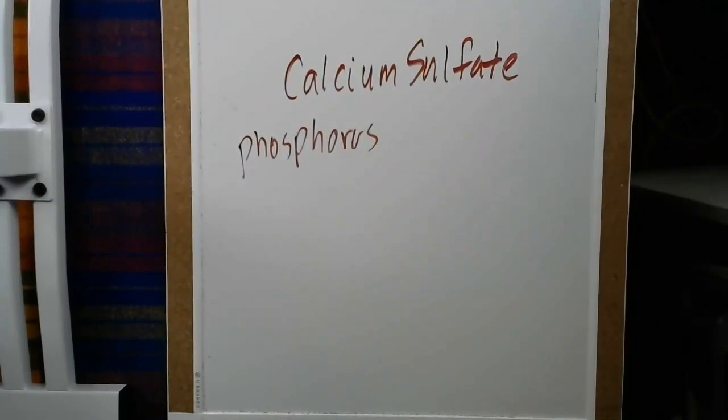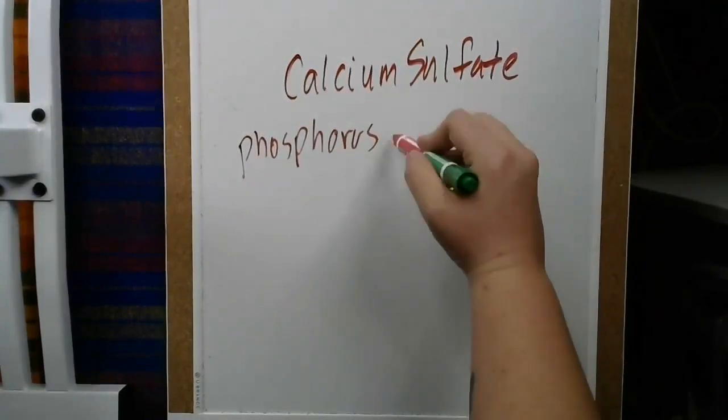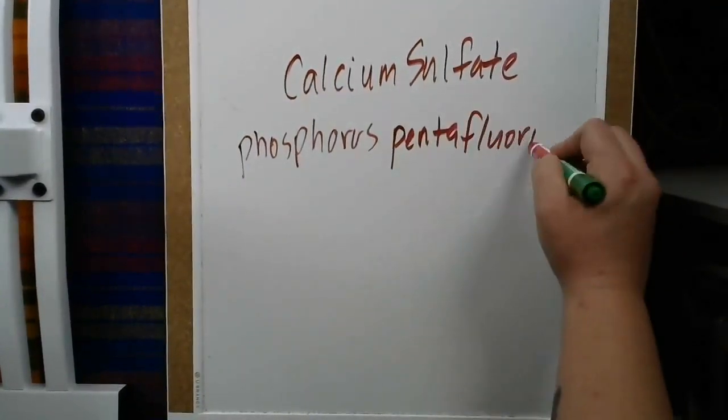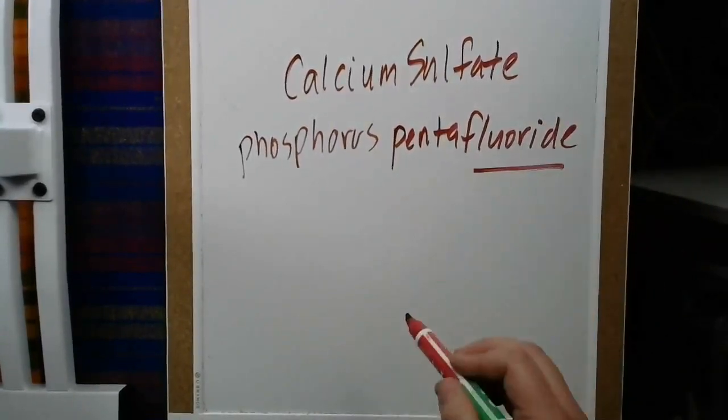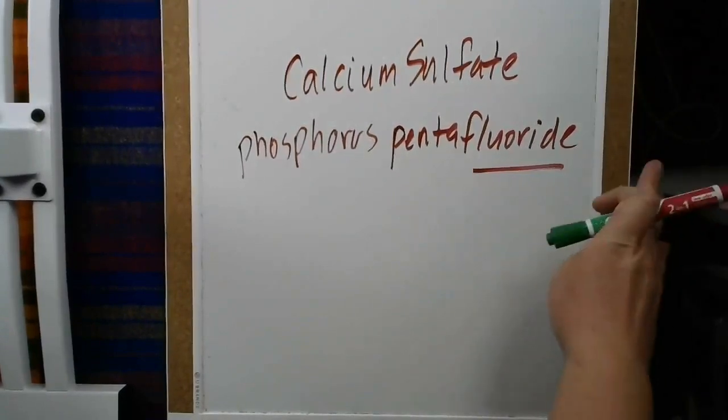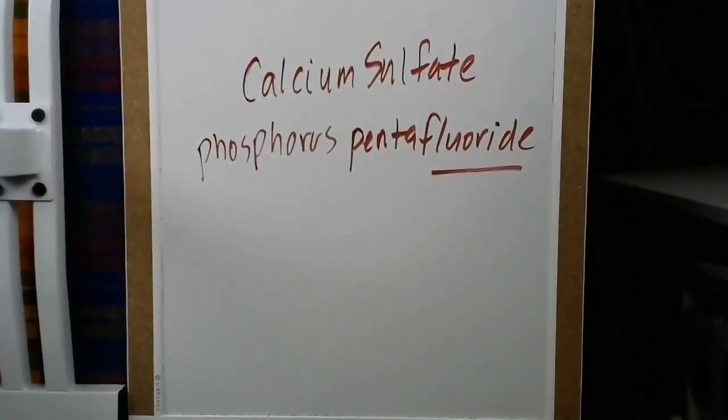But we do need to put a prefix in front of the number of fluorines that are present. There are 5 of them. So that will be pentafluoride. Okay, the root and the IDE ending is still kind of the same as before with the ionic compounds.